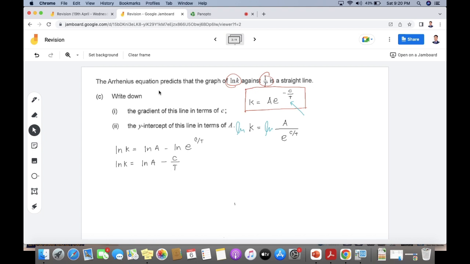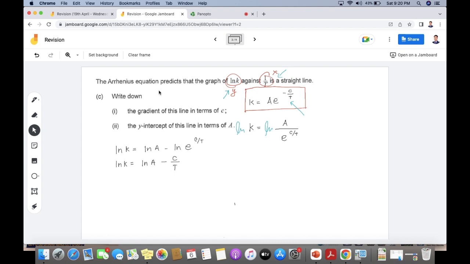Now again, let's go back to the original given. Here, it says the graph of ln of k against 1 over T. That means, if we analyze it, ln k acts as our y, and this is our x. So 1 over T is actually our x.